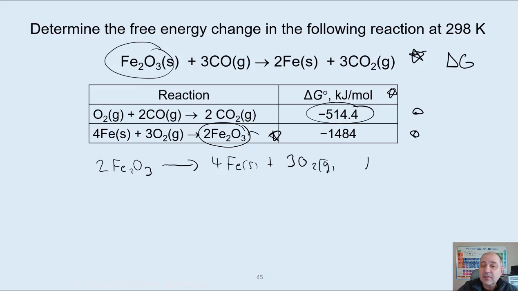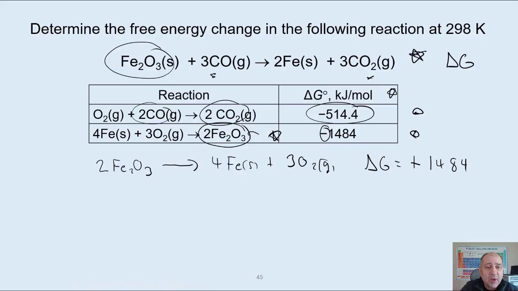And then the delta G would simply be positive 1,484. We do the same here. We find carbon monoxide on the right side, so carbon dioxide is on the product side. So this is the way it is.